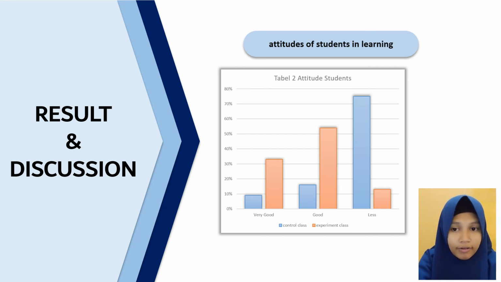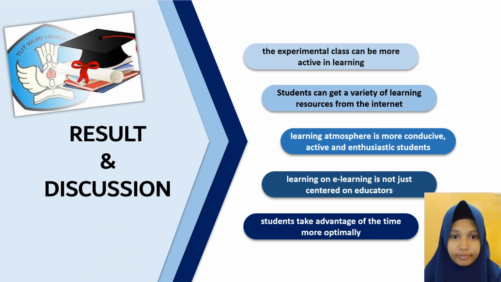Meanwhile, there were 33% of the students in the experimental group who received very good score, 54% of students who received good scores, and 13% who were less active in learning. It can be seen that the experimental class is more active in e-learning-based learning.